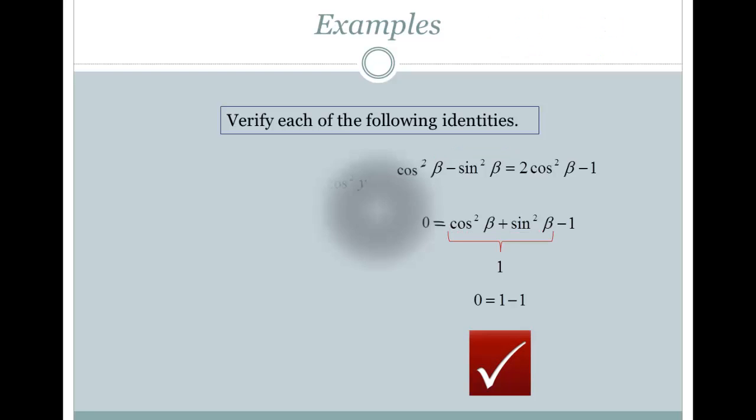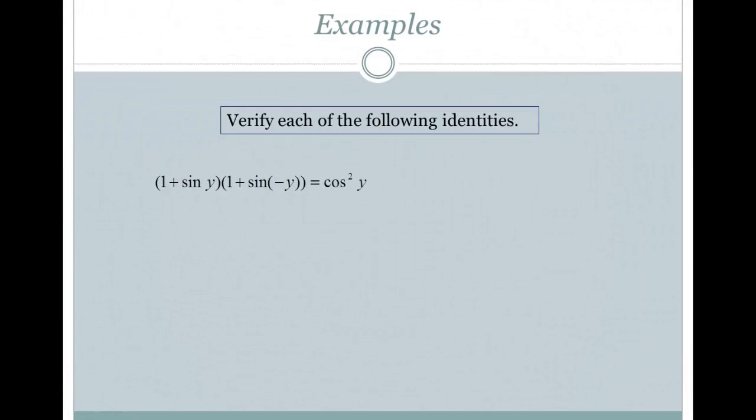Okay? 1 plus sine y times 1 plus sine of negative y equals cosine squared of y. In this particular example, we have this term which looks a little bit odd, and it should look odd because sine is an odd function. We know that for odd functions, f of negative x is equal to negative f of x.